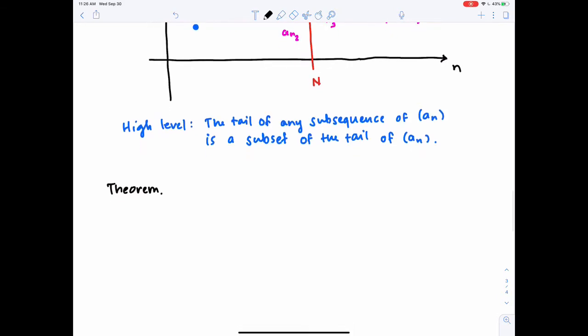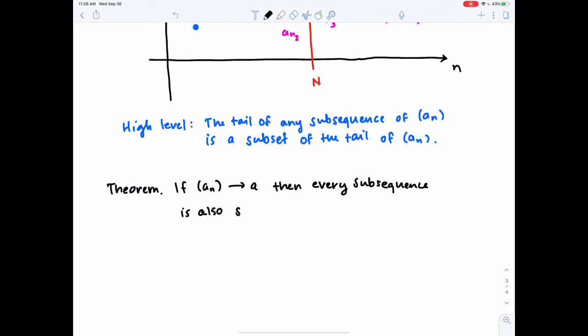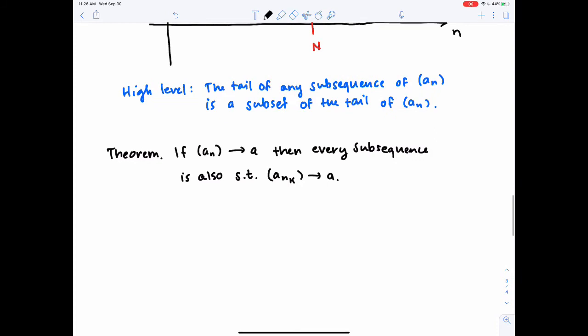Okay, so here's the theorem. If AN converges to A, then every subsequence is also such that ANK converges to A. So here we're saying for all ANK when I say every subsequence.